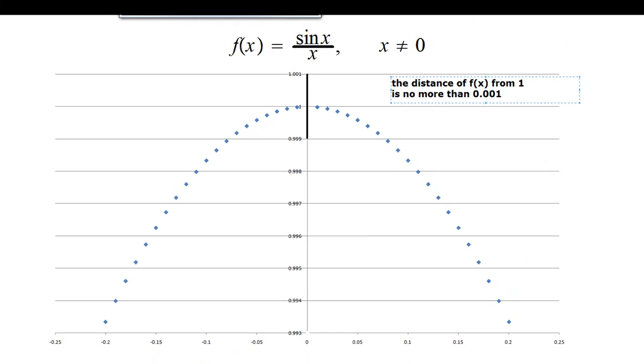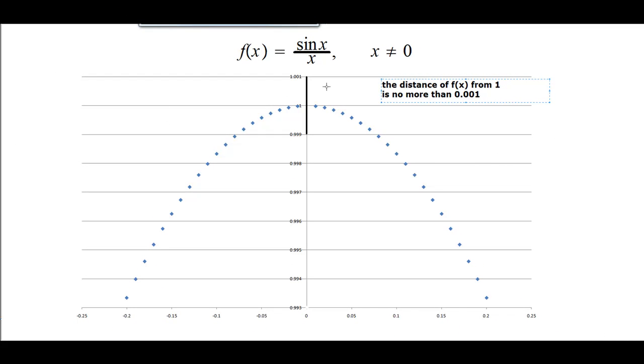0.001, or staying within this interval, can also be written as, remember, for the distance between f(x) and 1, we can use absolute values, that which we use to define distance along a real line.